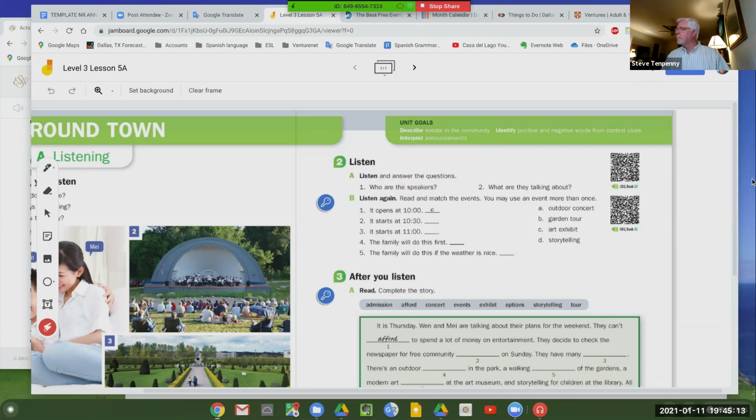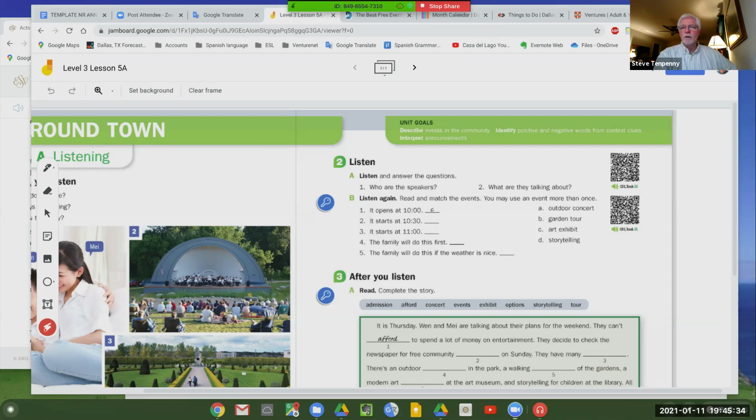Right. Hang on, there's someone joining. That may be Maria coming back. Yeah. Right, that's the family on the other page. Wen, Mai, and their little son.